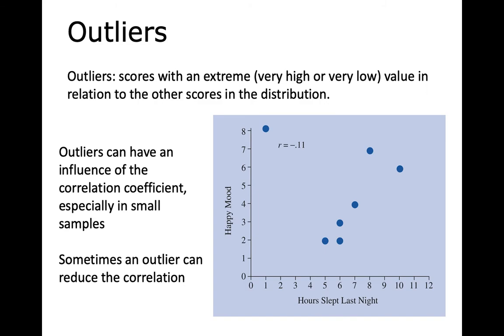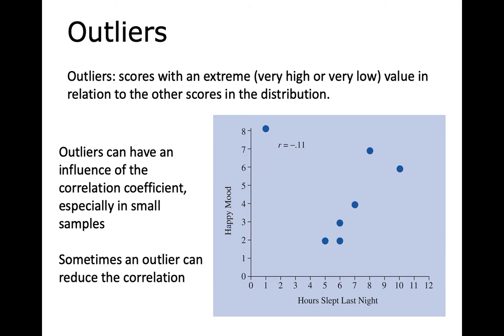Okay, another issue is what to do when we have scores that are known as outliers. An outlier is a score with a very extreme value in relation to other scores in the distribution. And by very extreme, it could be either very high or very low. Outliers can have an influence on the correlation coefficient, especially when we have small samples.